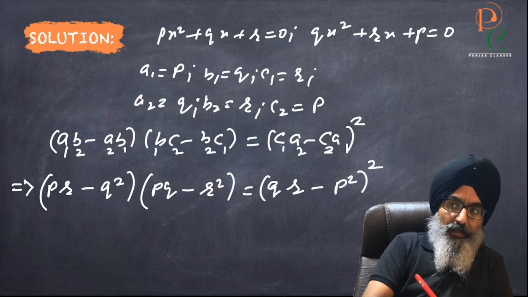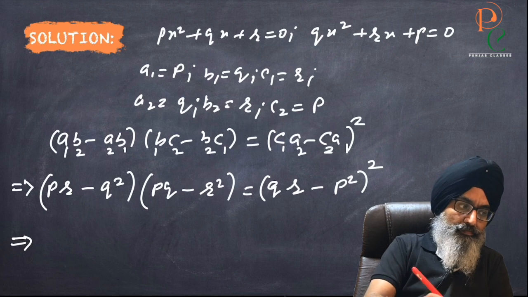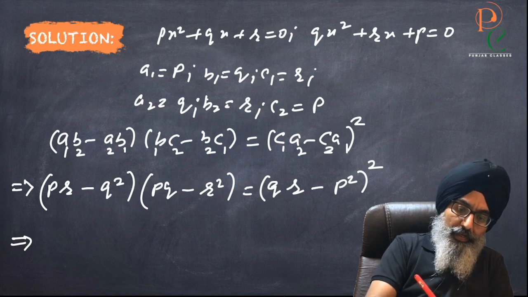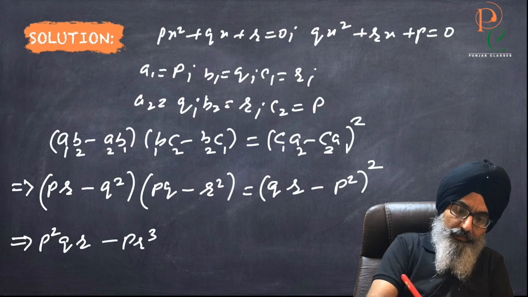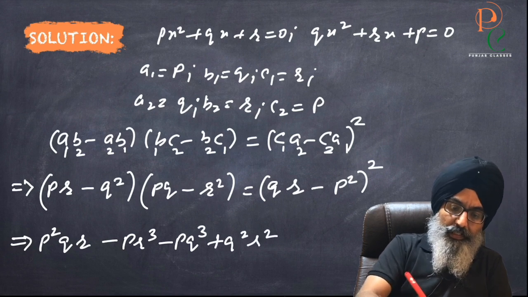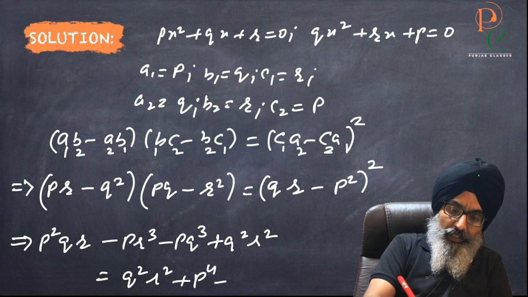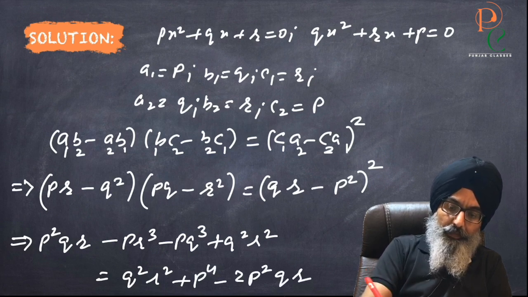Let's simplify the terms. So I simplify the terms, they become p square qr minus pr cube minus pq cube plus q square r square equals q square r square plus p to the power 4 minus 2p square qr.